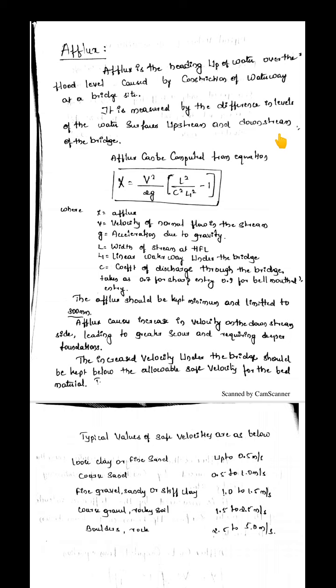There is no level difference. It is flowing at a certain level. When there is an obstruction to that water, there will be a difference in level. The level is going to increase when there is an obstruction. The obstruction may be in terms of what? These piers and abutments, right?